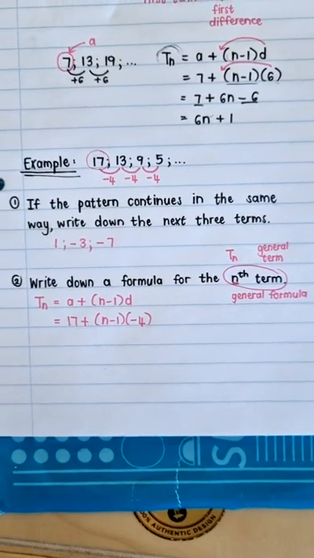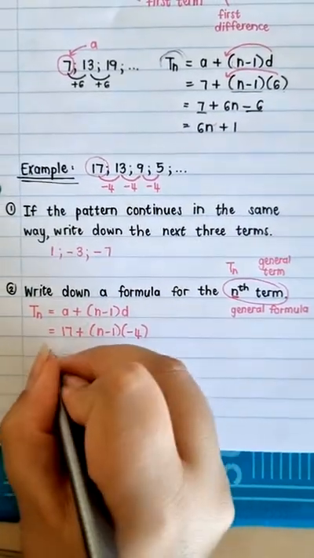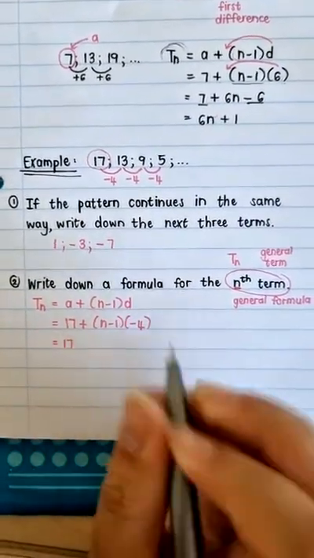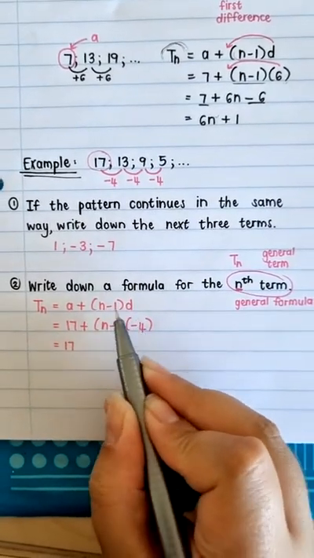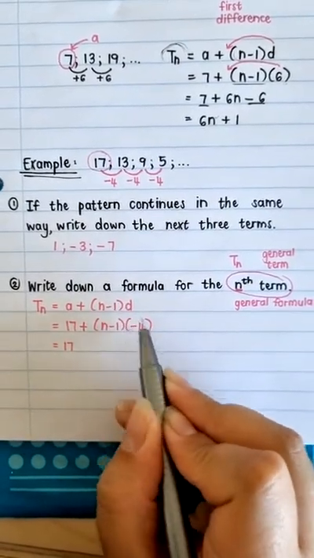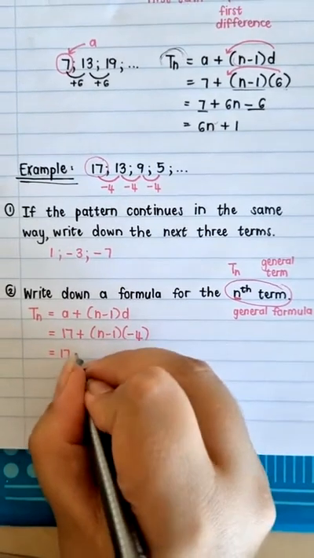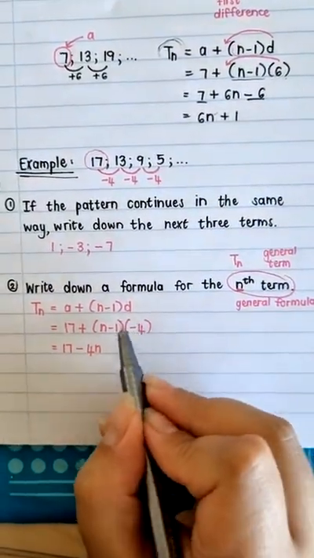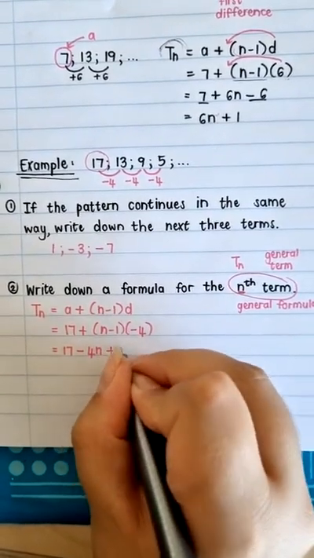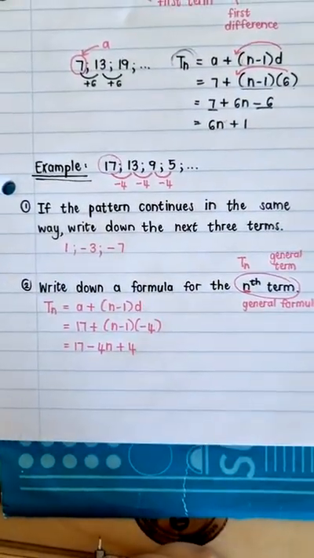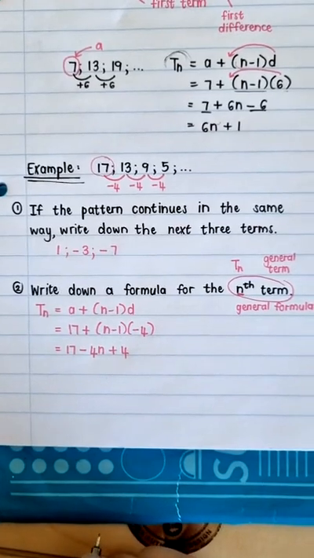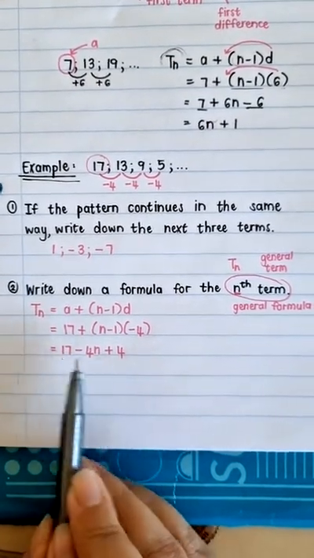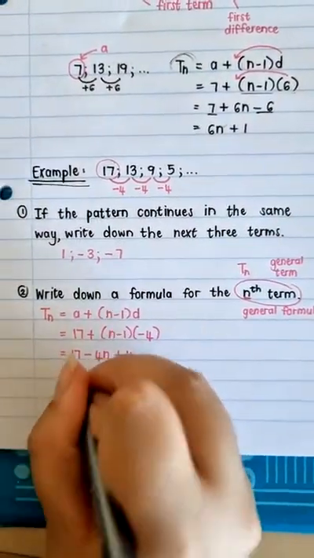Okay, we got some answers. Let's see. Now this 17, I'm just going to leave it as it is for now. But now this negative 4, we need to multiply into the bracket. Okay, so we have negative 4 times n. That is negative 4n. And then we have negative 4 times negative 1, which is plus 4. All right, and now final step, we need to simplify that because we have like terms. 17 plus 4 is 21.